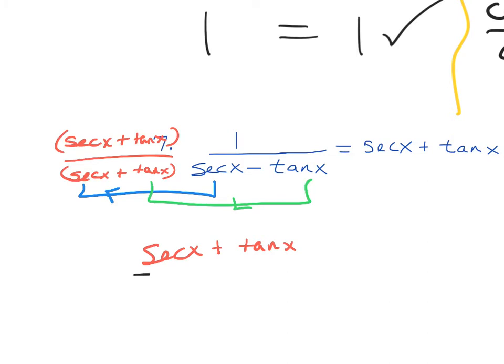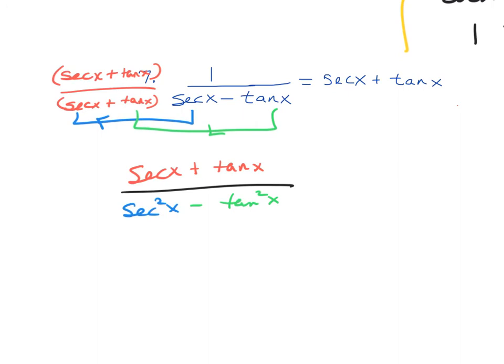But my new denominator, after I do first, I get secant squared x, and last gives me tangent squared x. When you use this conjugate technique, your goal is to get an identity out of it. So my denominator is a Pythagorean identity. It's a form of it, and let me show you what it becomes.